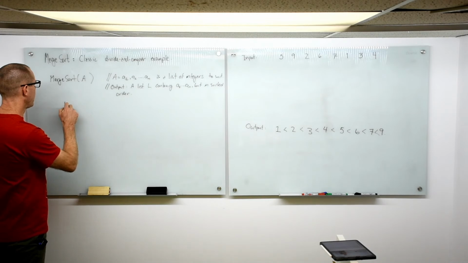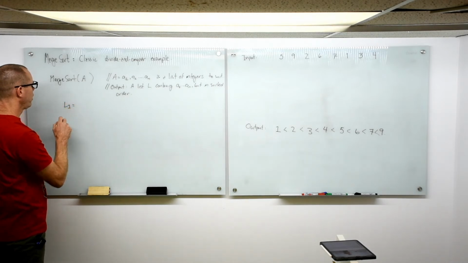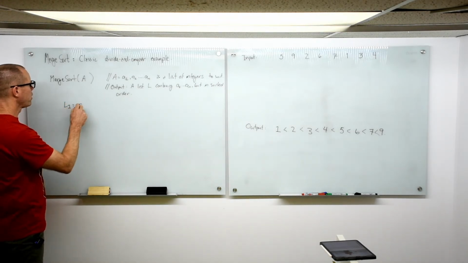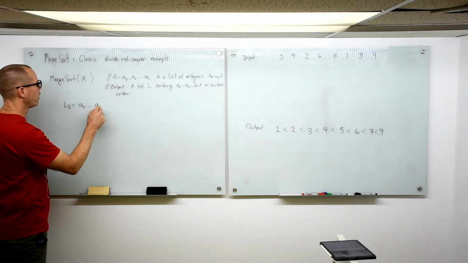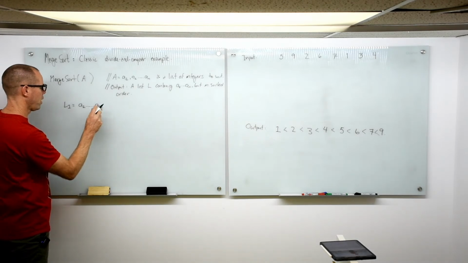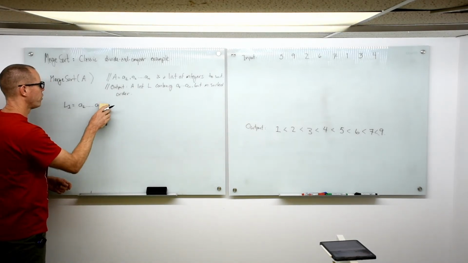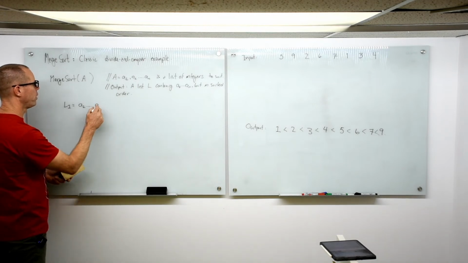Let's say L1. We'll make that be the list that contains A1 up through A_(n/2). Let's take the floor of n over 2, because if n is odd, we need an integer.